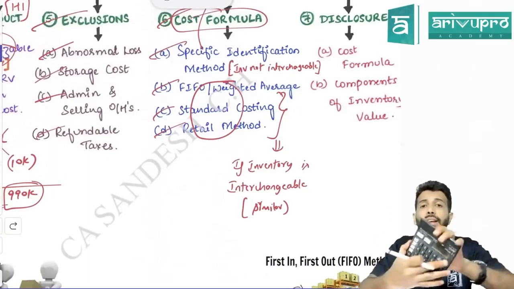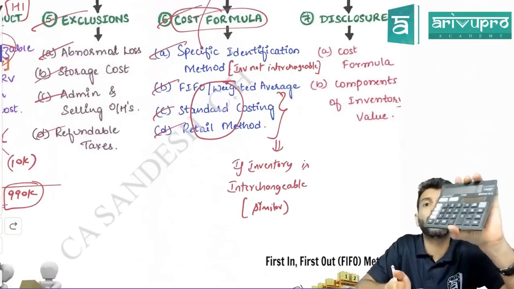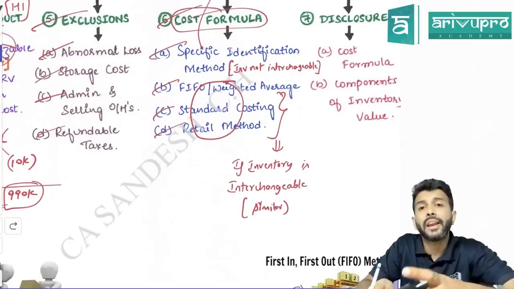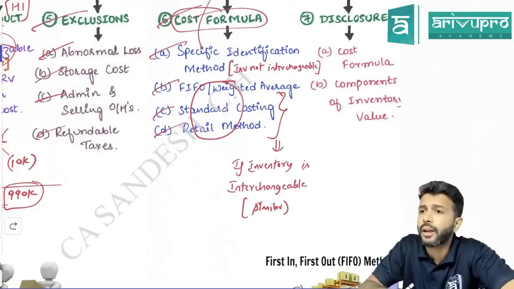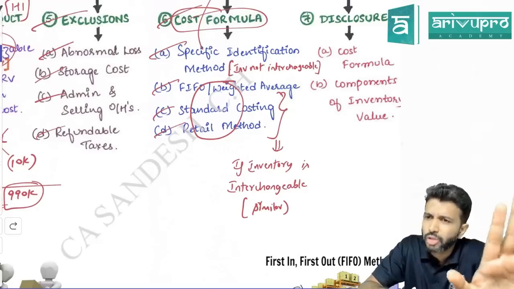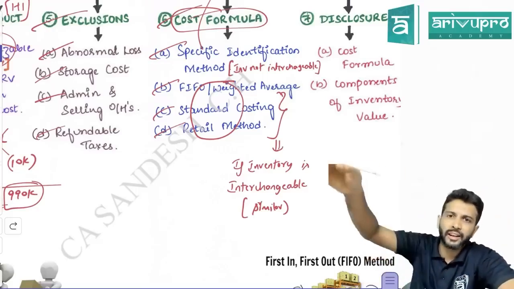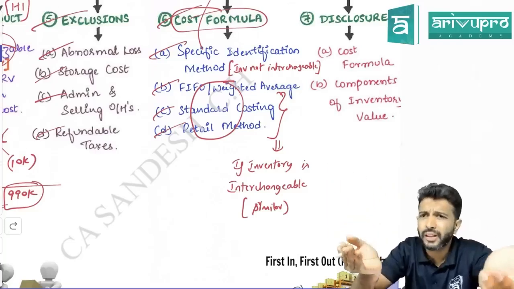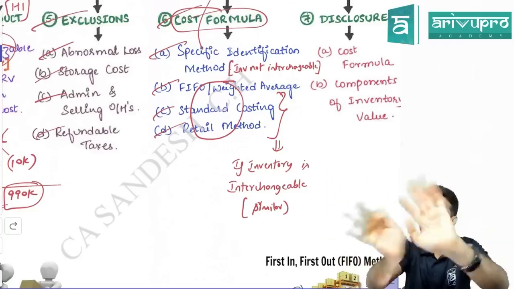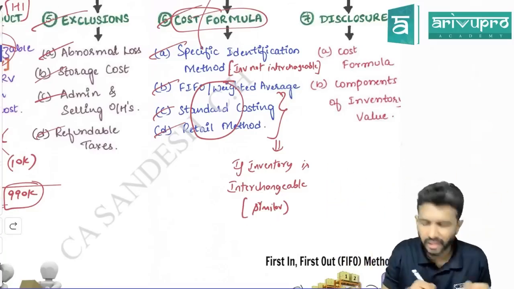Like here, the calculator dealer purchased, let's say, 5,000 units of calculators. Calculator number 1, number 400, number 4040, different or same? Every calculator is the same. Whether he sells calculator number 1, 25 or 40, everything is the same. That means inventories are interchangeable because they are similar.